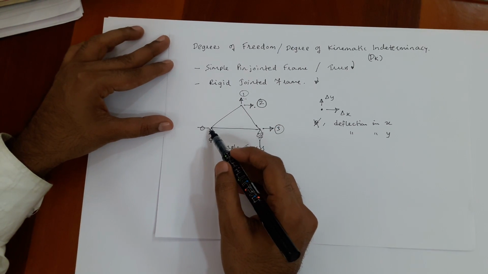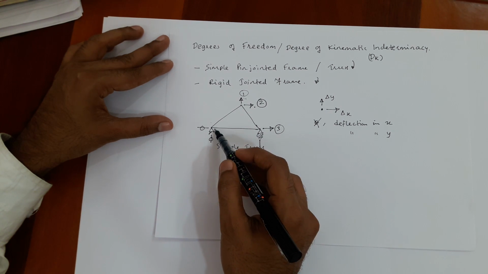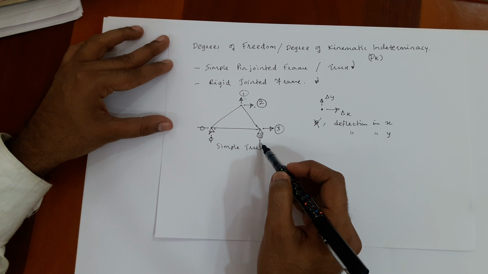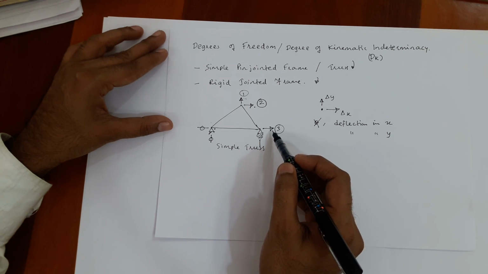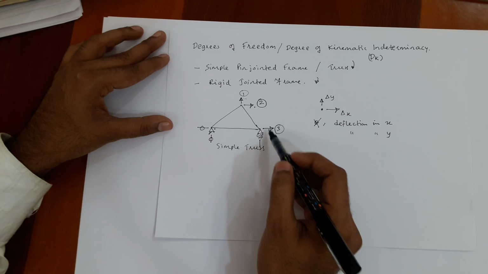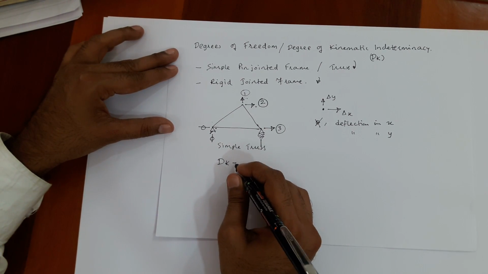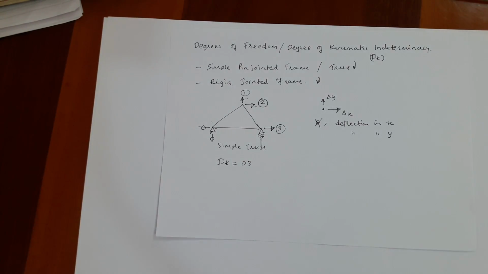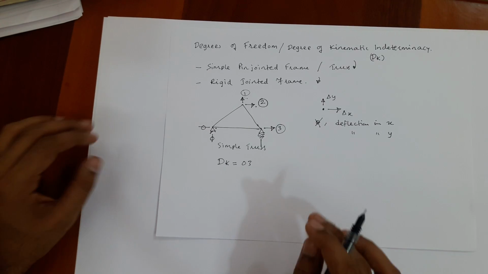Here we have reactions in both directions, so no displacement in the vertical and horizontal directions. Here we have a reaction in the vertical direction but no reaction in the horizontal direction, that is why the displacement is there in the horizontal direction. So for this structure dk equals 3. The degree of kinematical indeterminacy for this simple truss is 3.